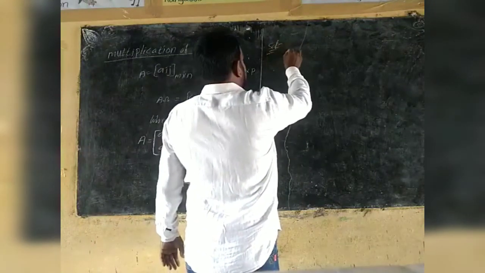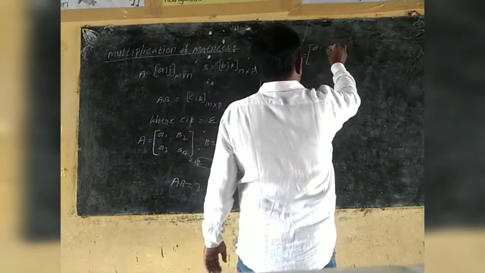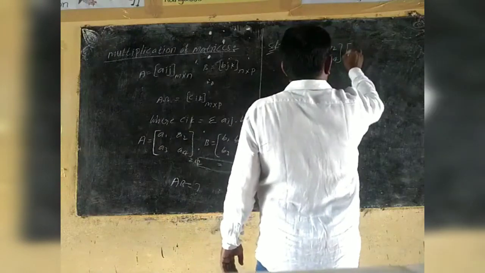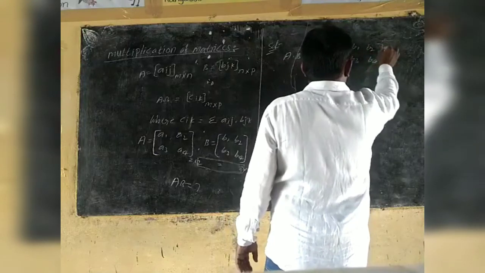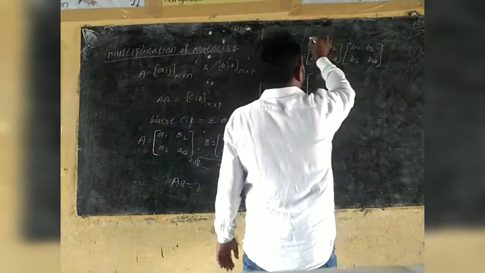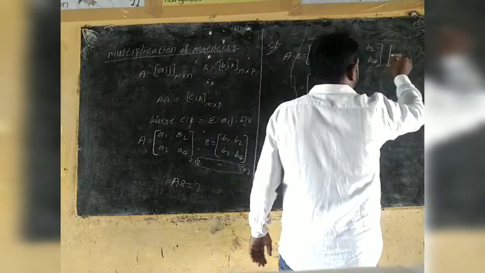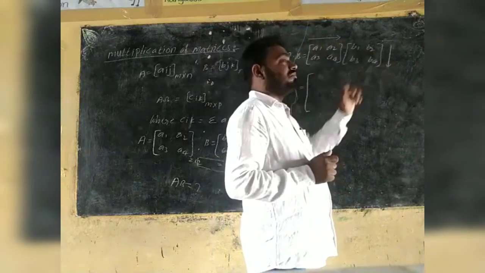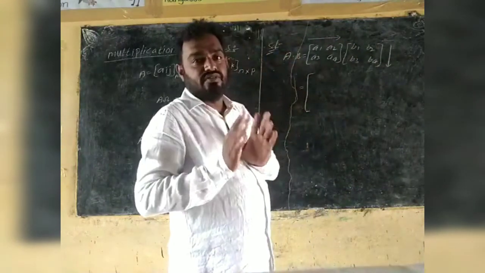Solution: A into B is equal to A1, A2, A3, A4 into B1, B2, B3, B4. How do we write this? You take the rows in the first matrix and the columns in the second matrix, and you take the sum of the products.